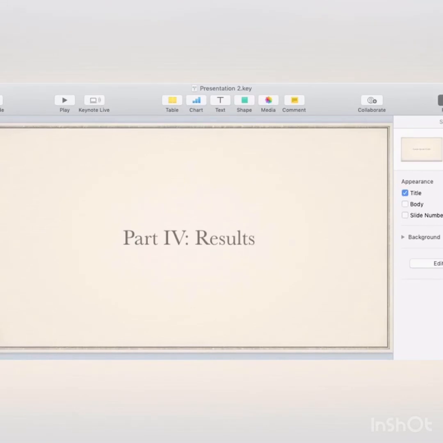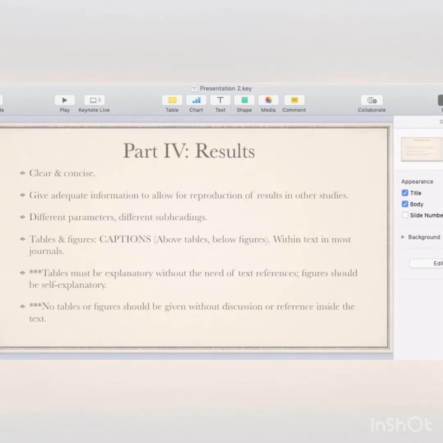The fourth part of the manuscript is the results. A few points must be taken into consideration regarding the results. Again, like the abstract, it must be clear and concise. The second point is that it must give adequate information to allow for reproduction of results in other studies.